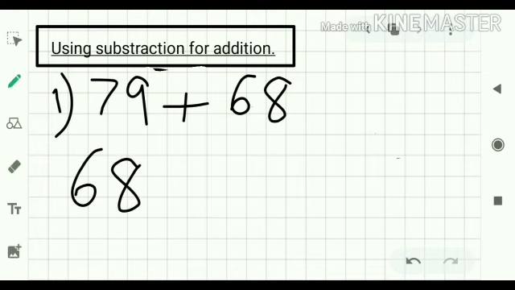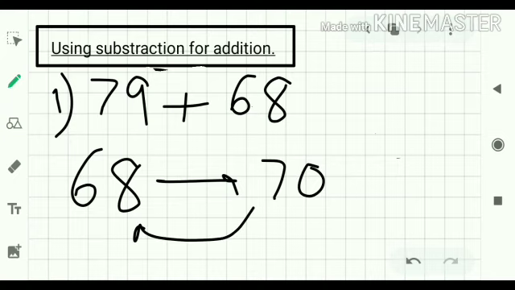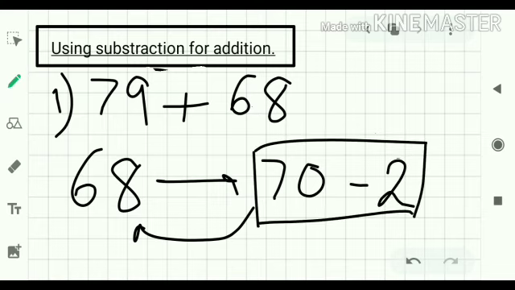Can you tell me what is the nearest tens multiple to 68? Of course, it is 70. Now, if I take 70, what will I do to 70 to get 68? Right, I'll subtract 2. So this 68 is now getting converted into a tens multiple.